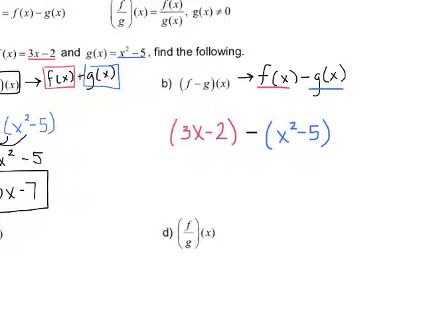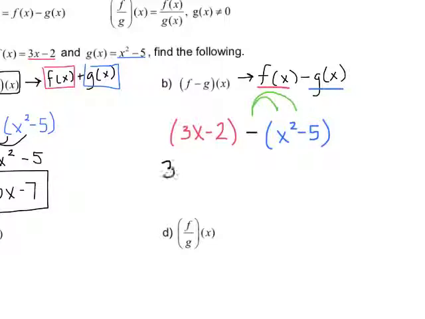Now this time, putting parentheses around my f and around my g is really important, because I know that the subtraction sign is going to have to distribute into the x squared and the minus 5. So I'll show that. I've got 3x minus 2.